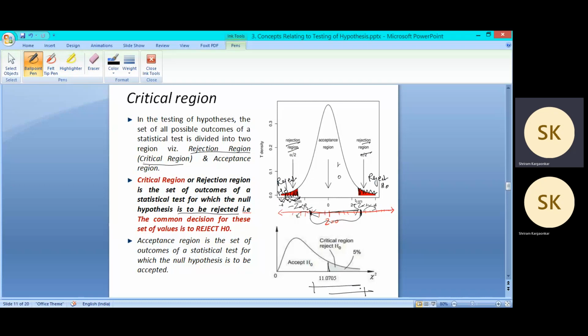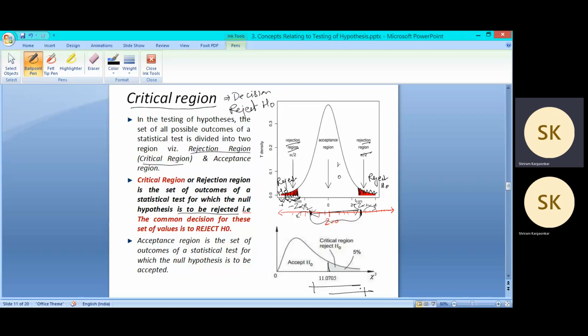There are further types of test, we'll see it in the next slide. So the common decision for this set of values is reject. Critical region, to understand, is a set of all values for which the decision is reject H naught. So this is the area where H naught is always rejected.